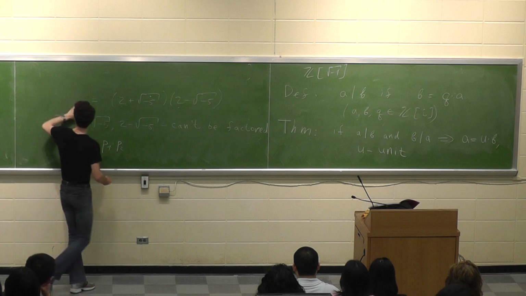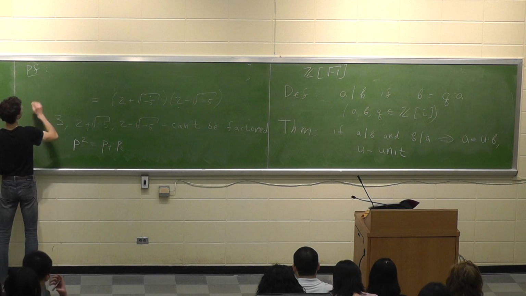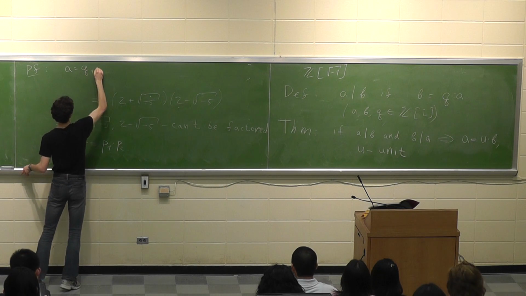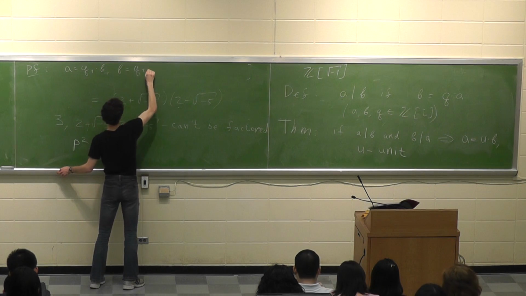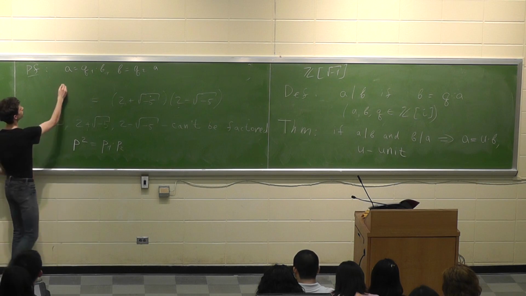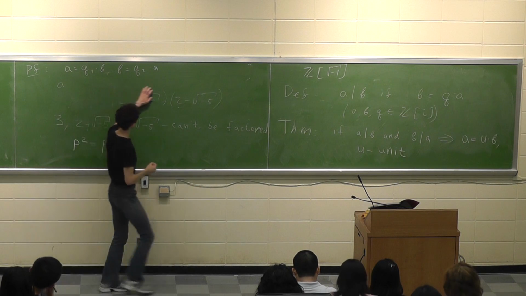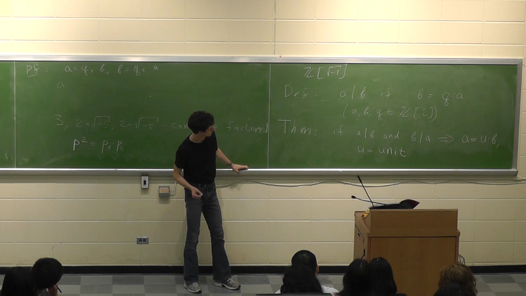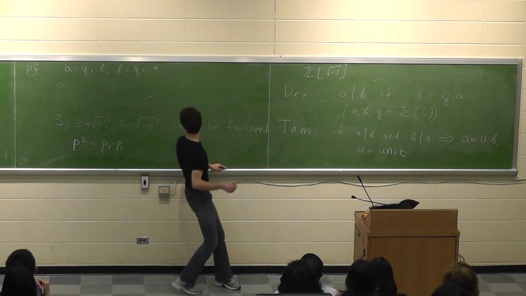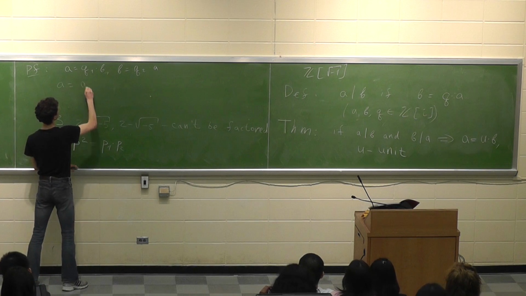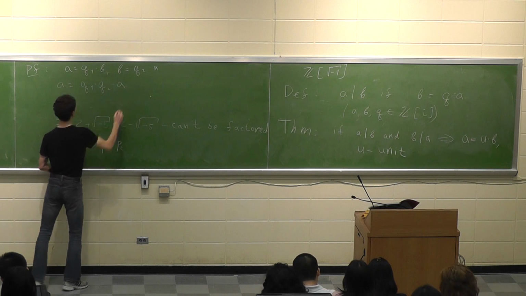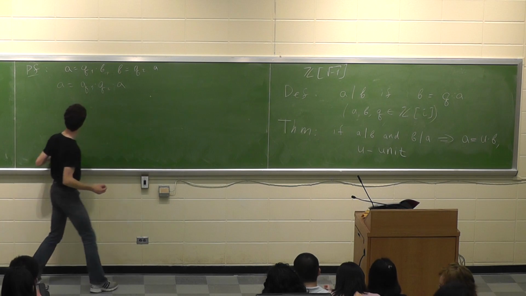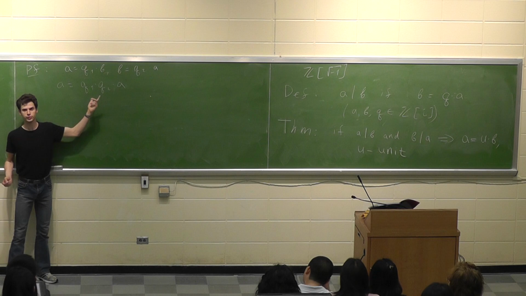The proof is, well, of course it should be very easy. If A divides B and B divides A, then A is some number times B, and B is some number times A. So then A is equal to Q1 times Q2 times A. Well, I want to write that 1 is equal to the product of Q1 and Q2.